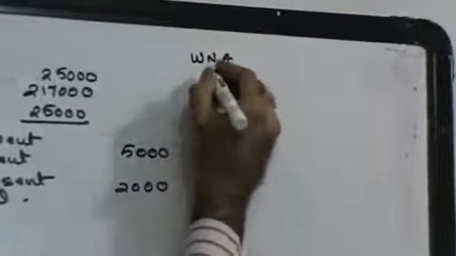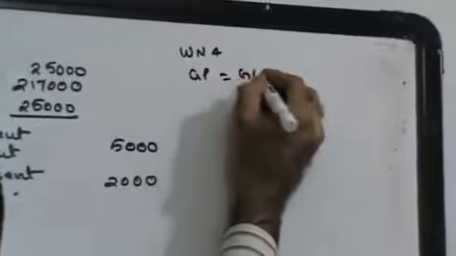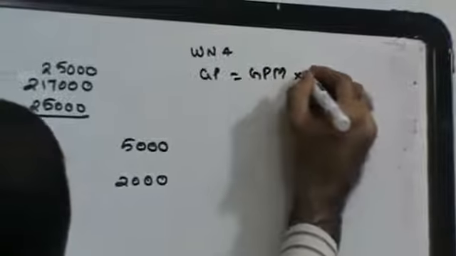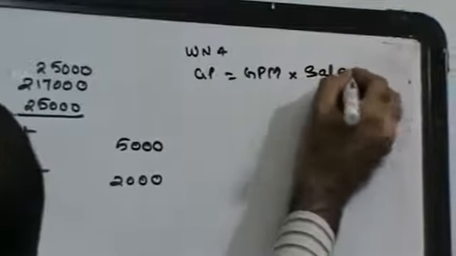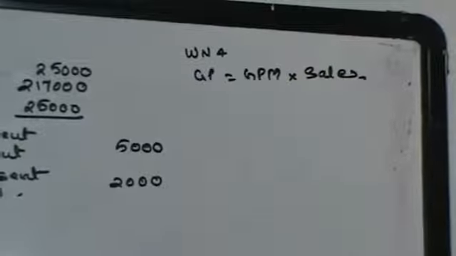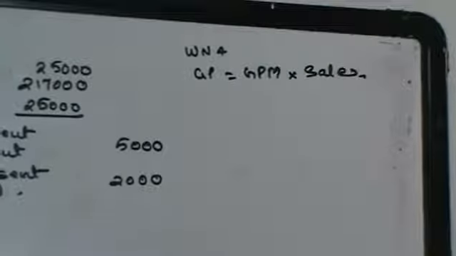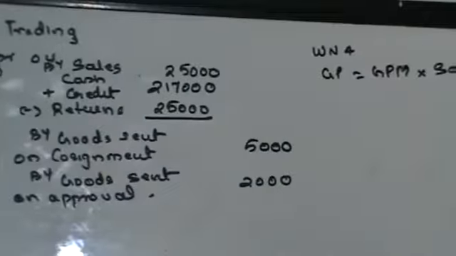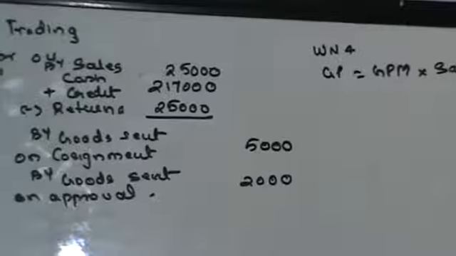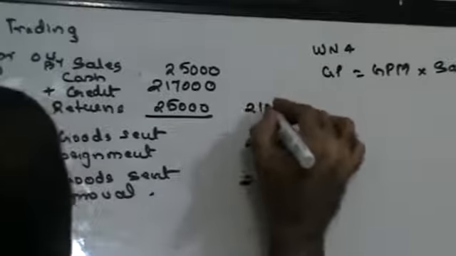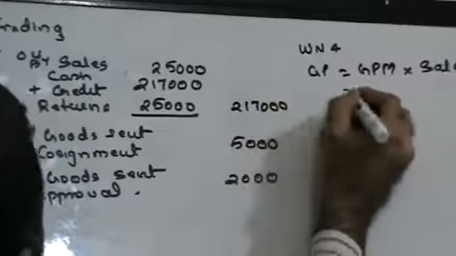Gross profit is gross profit margin or gross profit ratio into sales. First, let's calculate the sales. How do I do that? 25,000 plus 2,17,000 will give you 2,42,000 minus 25,000 will give you 2,17,000. So my sales is 2,17,000.